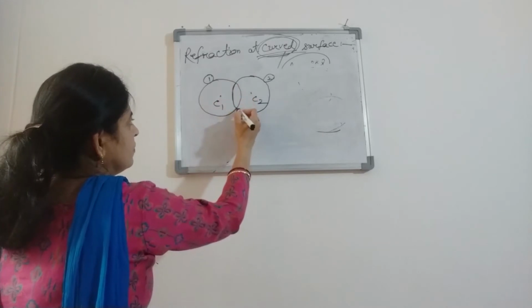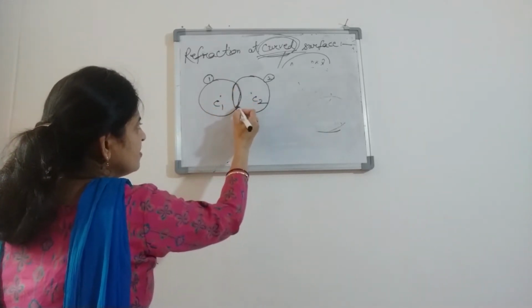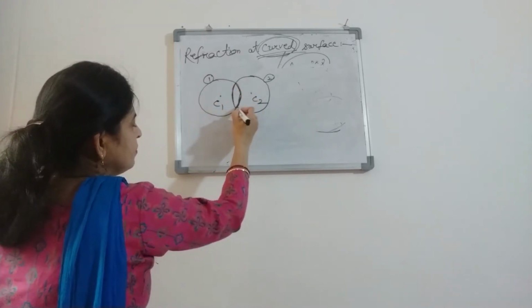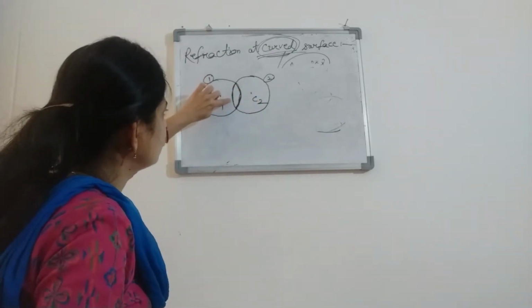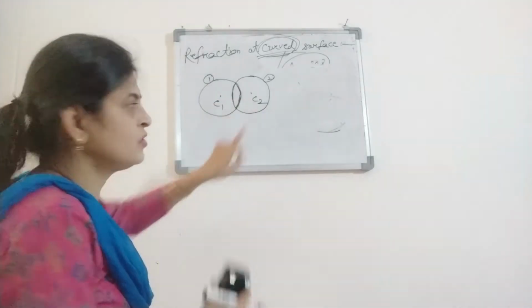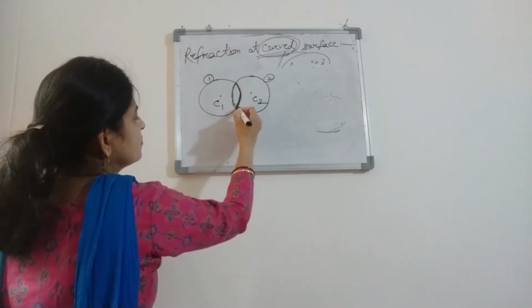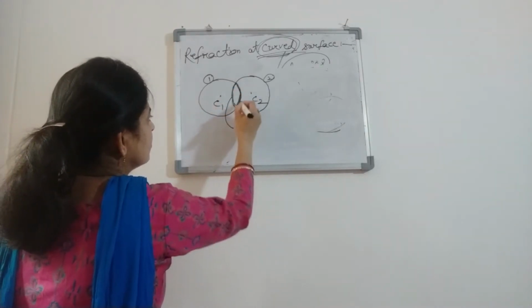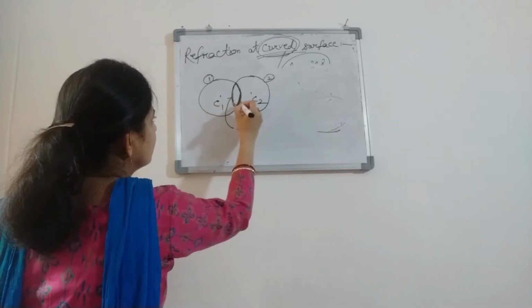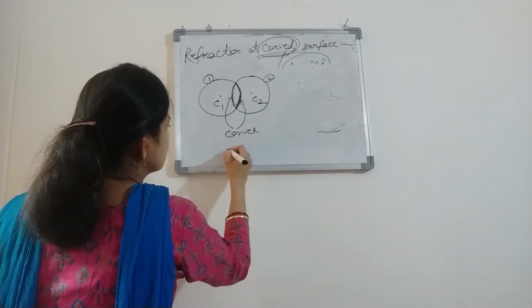Now this part is also transparent, but it contains two refracting spherical surfaces and both are convex. So this is called a convex lens.